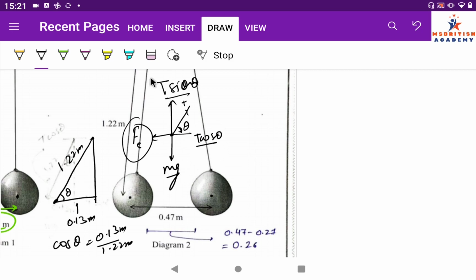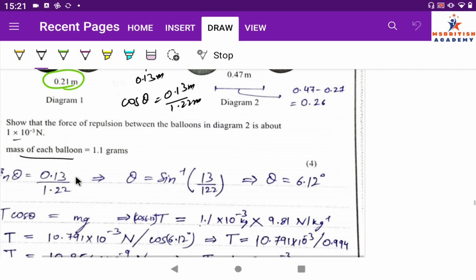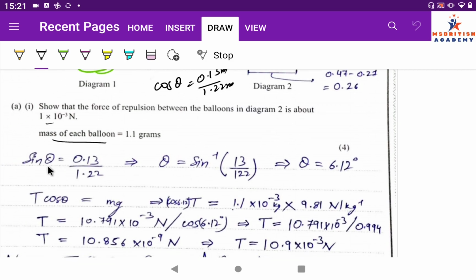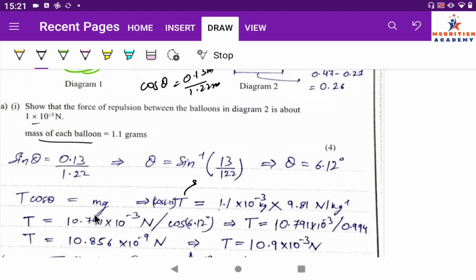We can take the tangent of it, the division of these, and so finally we can solve by the relations. This sin theta is this, and it comes to 6.12 degrees, and T cos theta is equal to mg, and we will find the T values. So after the calculation we can substitute.